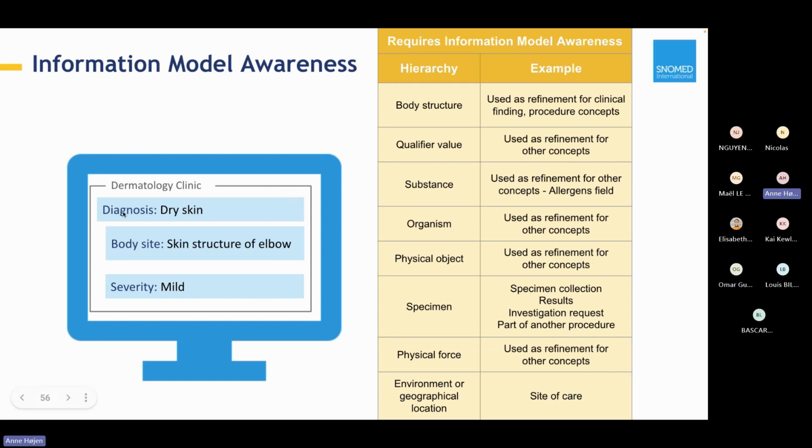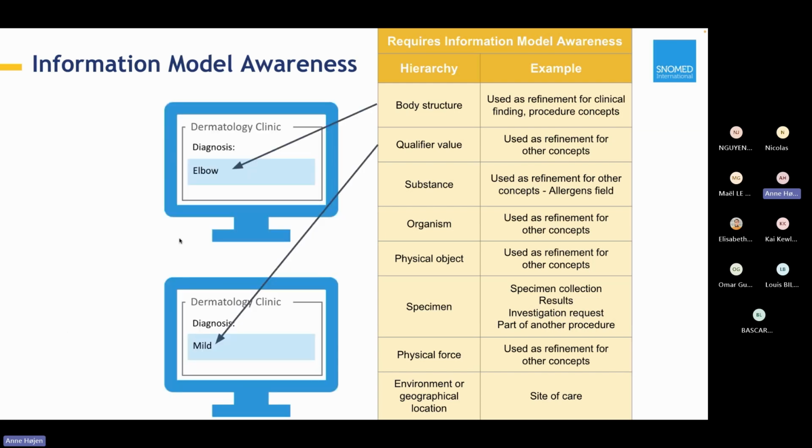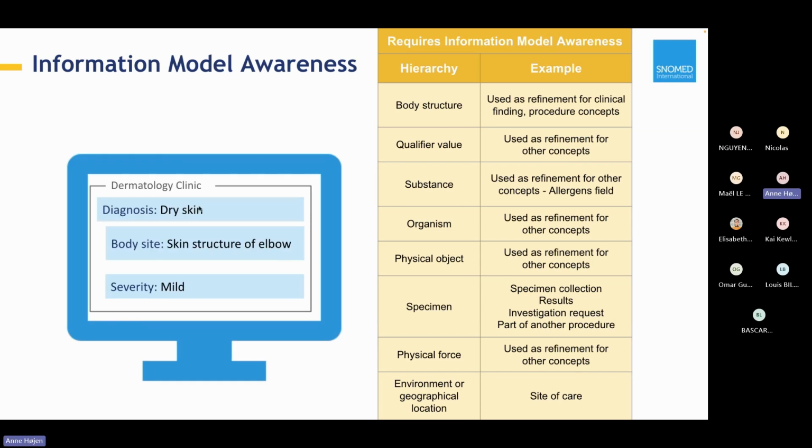But you can see that if you had a diagnosis and you use the dry skin from the clinical findings hierarchy and the body side, and you then, instead of just typing elbow, you said it was the skin structure of elbow and it was the severity mild, you would certainly use the concepts that we saw over here, elbow, mild, in a context where you can actually understand why you are entering it.